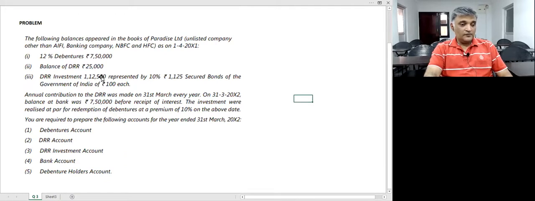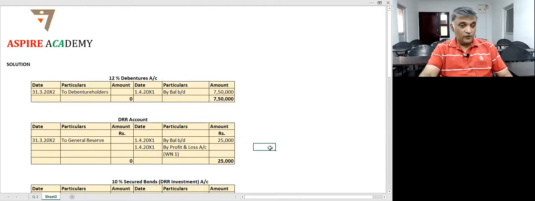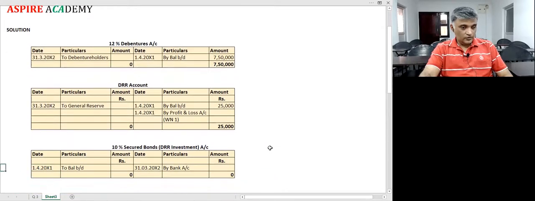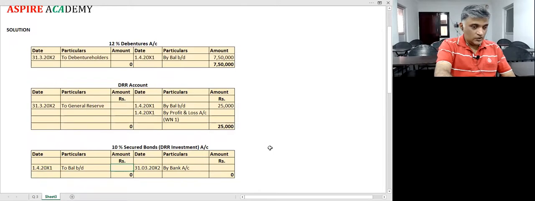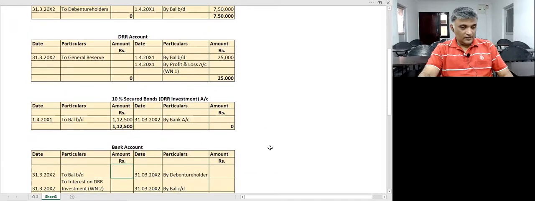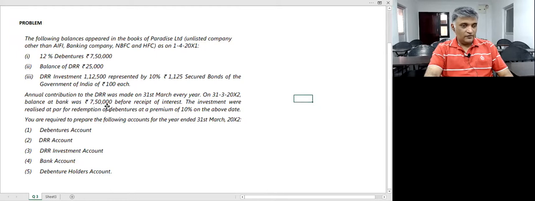The opening balance of DRRI is 1,12,500, which is before the receipt of interest. Bank balance is 7,50,000, right? The bank balance was 7,50,000 before the receipt of interest.